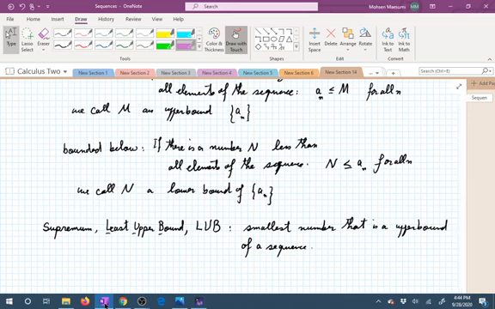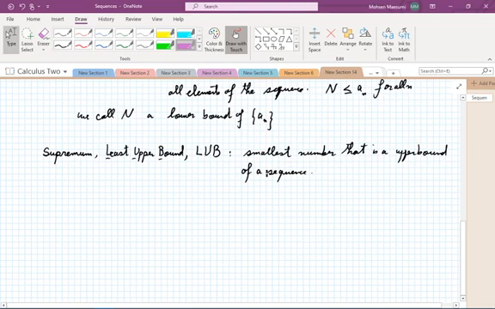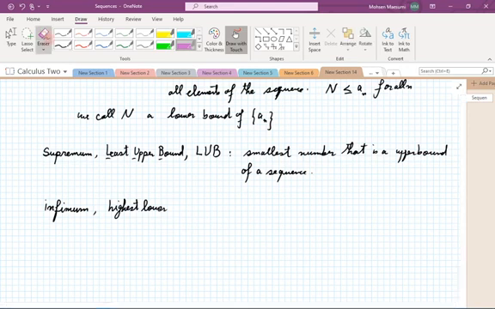So another language that is used there is infimum, or perhaps sometimes called highest lower bound, or maybe we call it HLB.